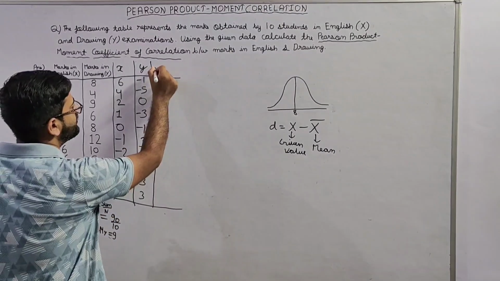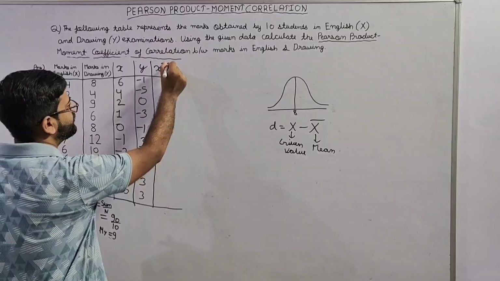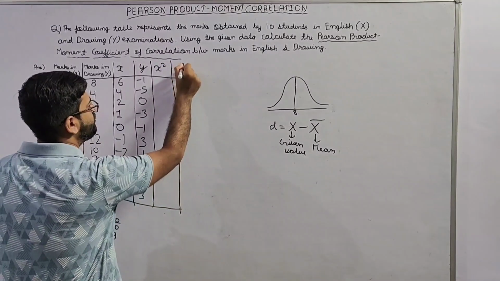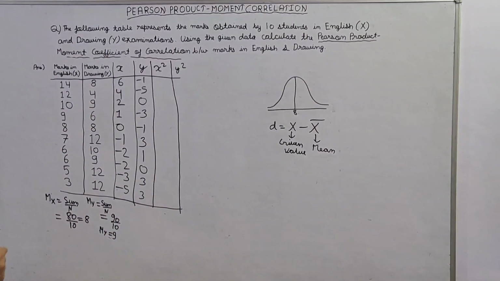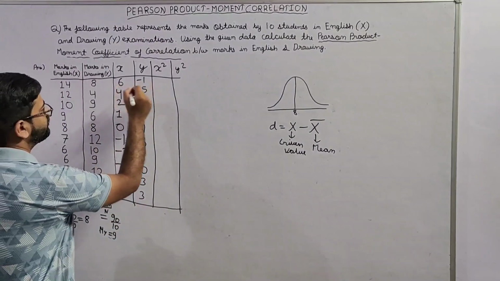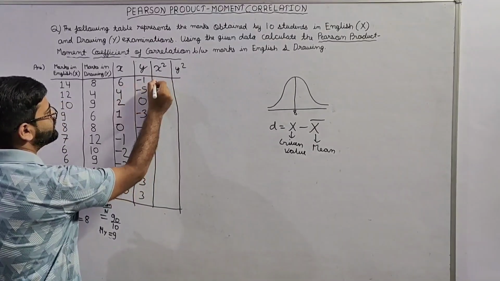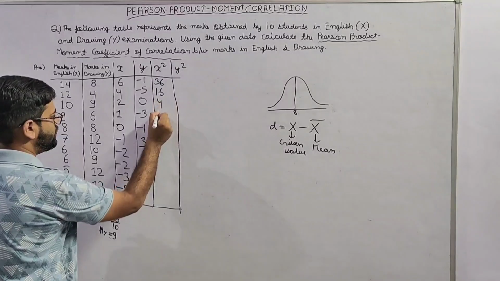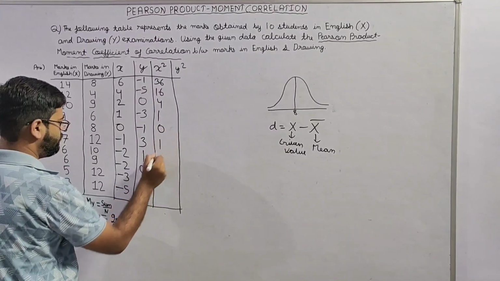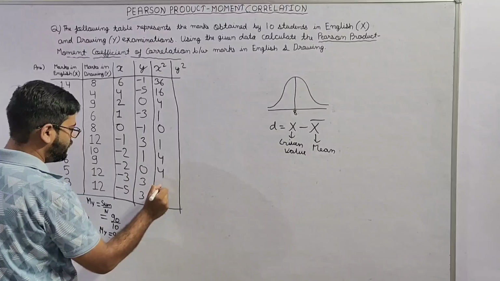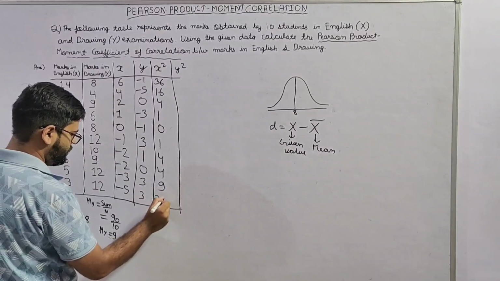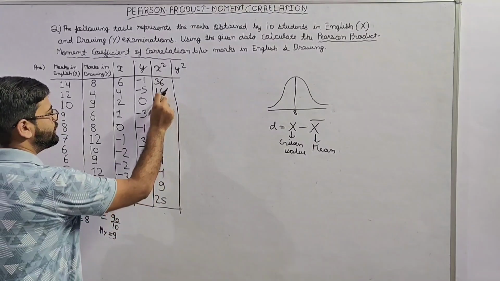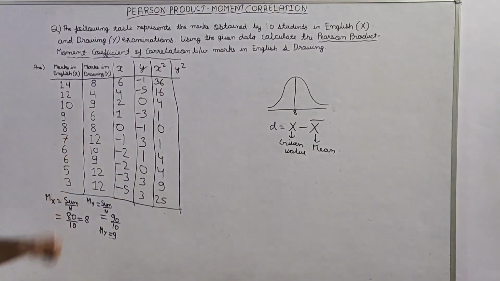So we find the deviation of x square. In the same way, we find the deviation of y square. So deviation square of 6 is 36, 16, 4, 1, 0, 1, 4, 4, 9, 25. We count: 1 2 3 4 5 6 7 8 9 10. All the 10 terms are there.